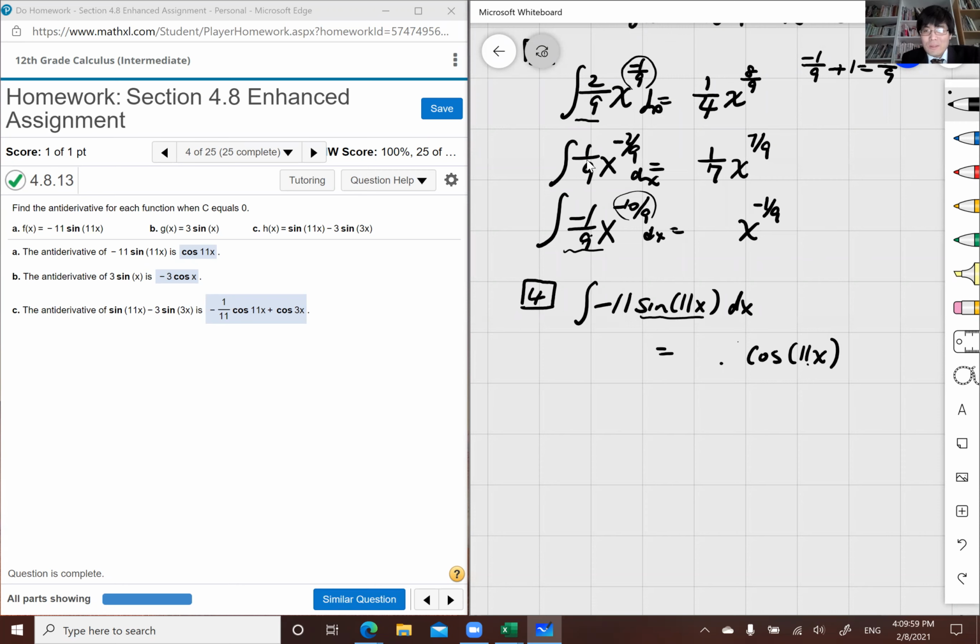So this gives you this. So that's going to be the antiderivative. The antiderivative of sine x times 3 is going to be cosine x. Sine becomes cosine, but when you differentiate cosine, you actually get a negative. So you have to multiply by negative 3 to make sure that the number here matches.